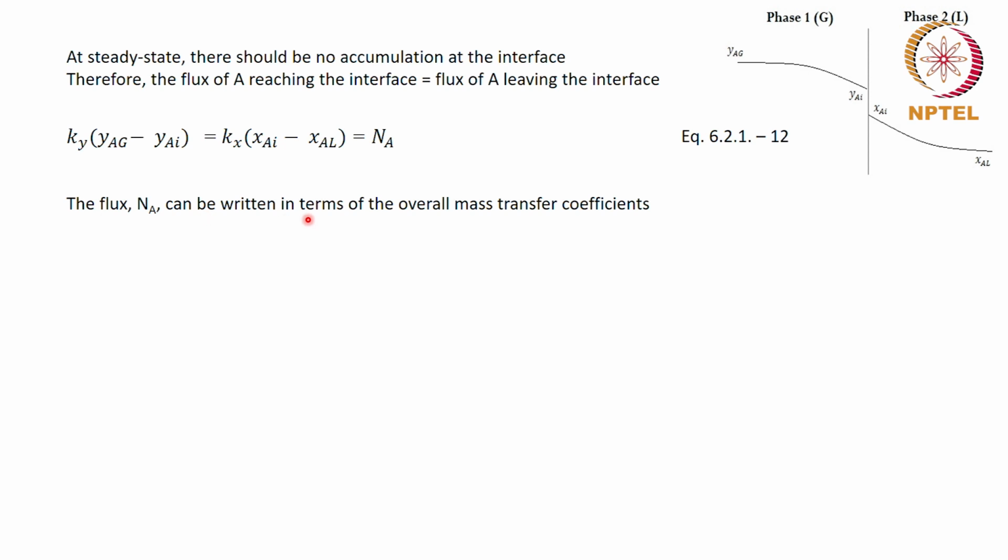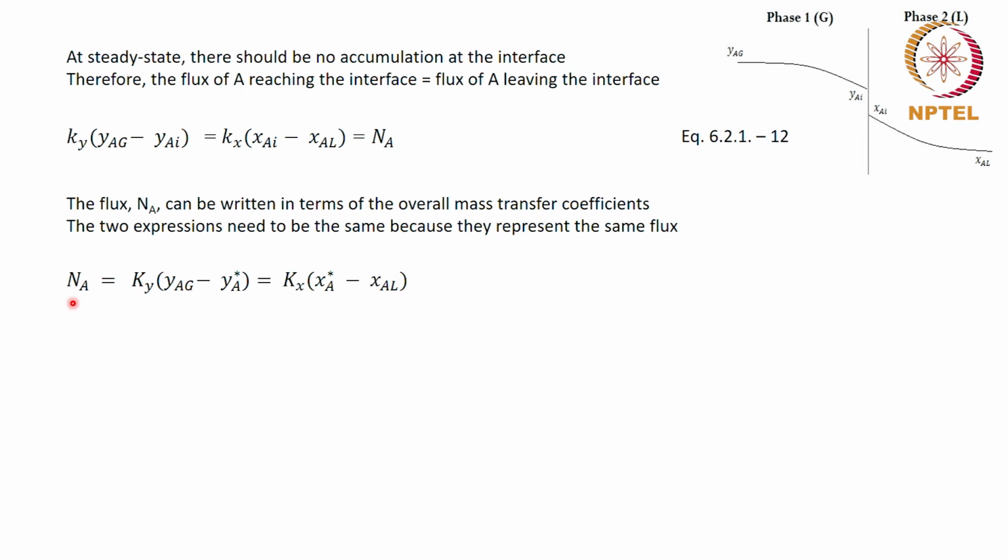The flux NA can be written in terms of the overall mass transfer coefficients. These are the individual side mass transfer coefficients. In terms of the overall mass transfer coefficients, the two expressions need to be the same because they represent the same flux, and therefore NA equals capital Ky, the overall mass transfer coefficient, times YAG minus YA star, a concentration that is equivalent to the bulk liquid phase concentration, in equilibrium with the bulk liquid phase concentration, equals capital Kx times XA star minus XAL.